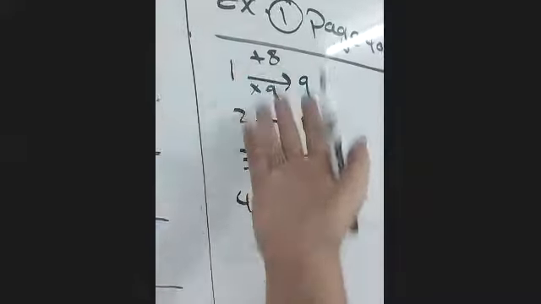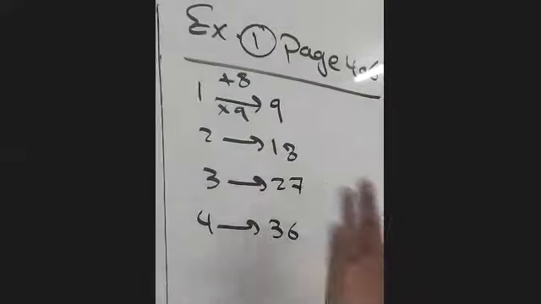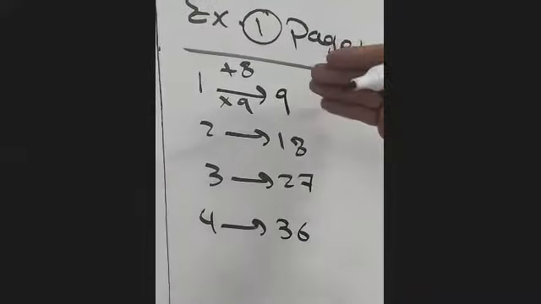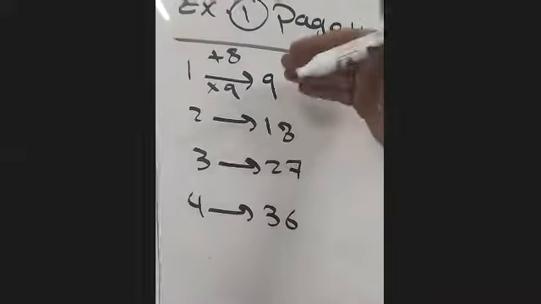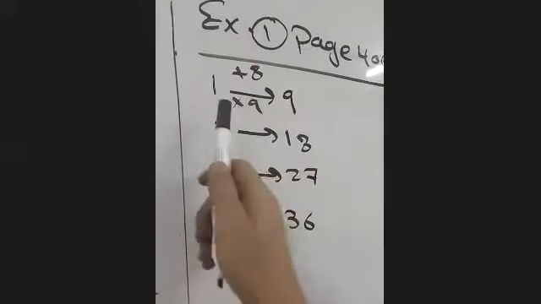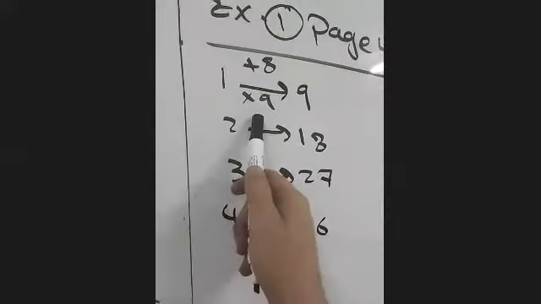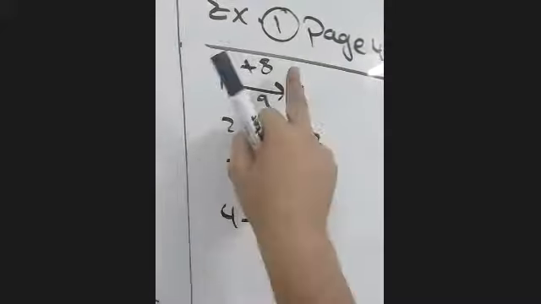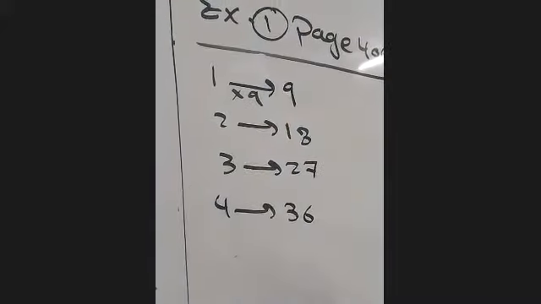Let's apply both to see which is correct. The correct one should be valid for all the numbers. 1 plus 8 is 9, but 2 plus 8 is 10, not 18. So the addition of 8 is wrong. Got it?